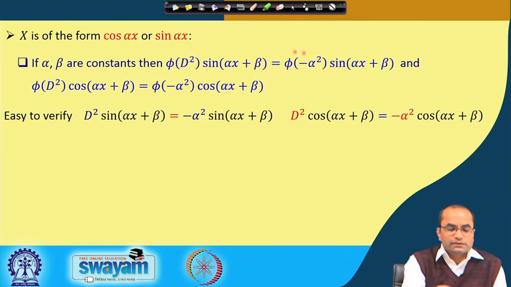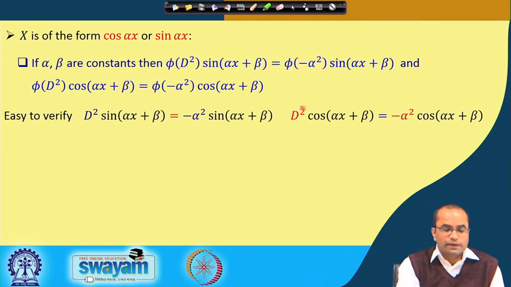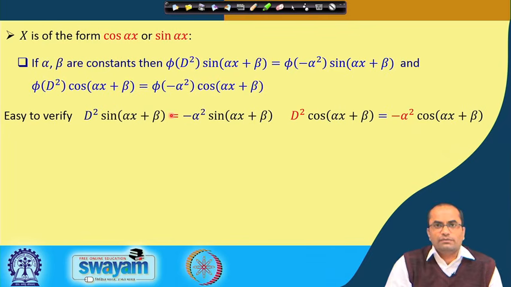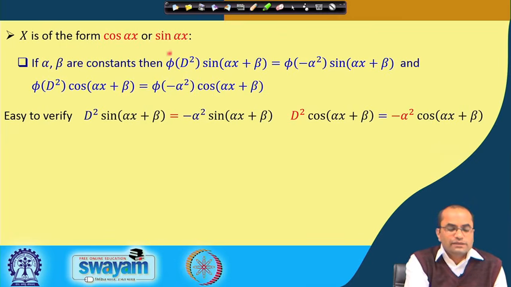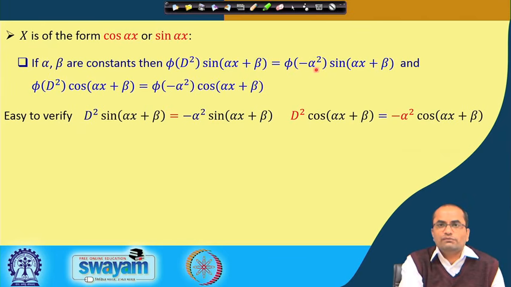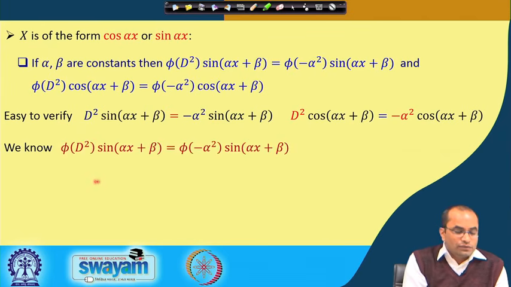That is the general rule we have just realized, that d square operated on the sine function is simply replaced by minus phi square. So for any function of d square, the same thing will happen.